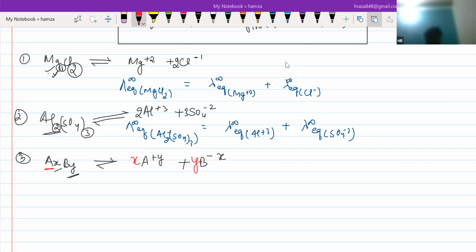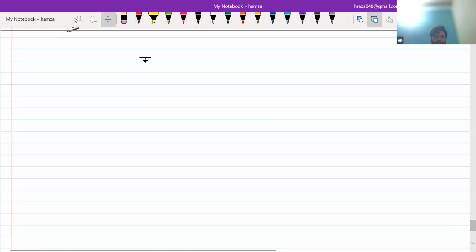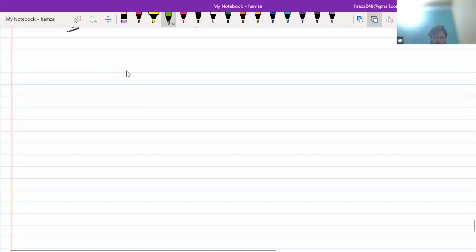now see, I'm going again to the previous point. I'm going to change the slide first. Now see, what we get, this infinite equivalent conductivity will be equal to the equivalent of cation plus the infinite equivalent of anion. This I wrote.